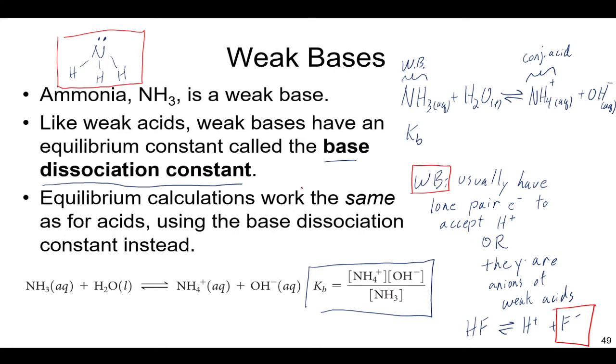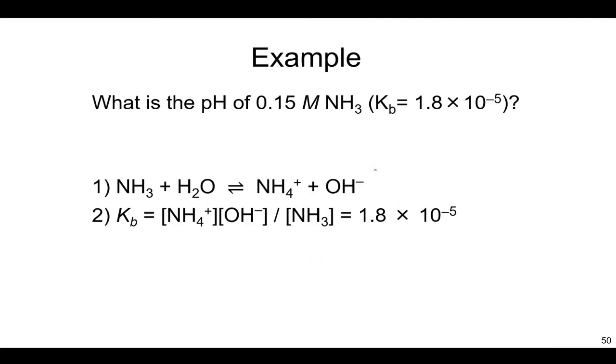Now, let's try a calculation as an example where we look at taking this information for a base and calculating the pH of this weak base solution. You can try to work ahead and work this out yourself. Pause the video here if you would like to do that. Otherwise, I'm going to proceed and solve it.